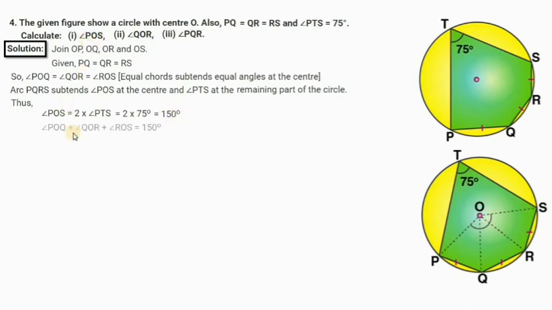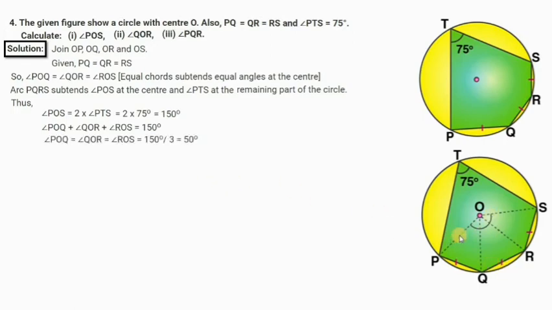So let us see the next part. I know that POS can be written as the sum of 3 angles, that is POQ, QOR and ROS. All of them are added here, and when they are added I'll get 150 degrees, because this full angle is 150 degrees.